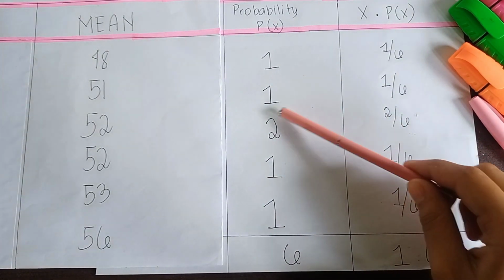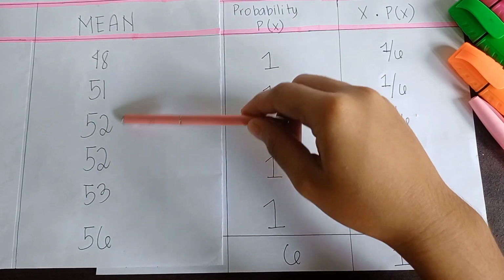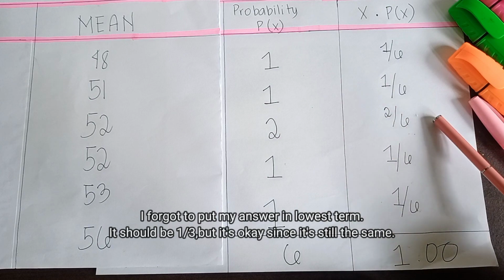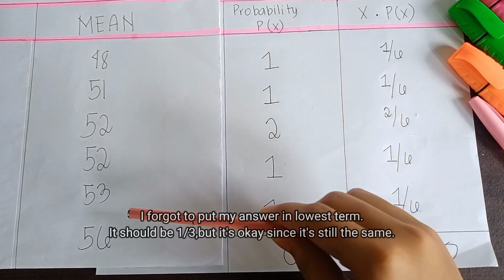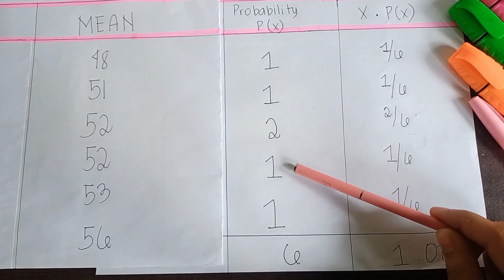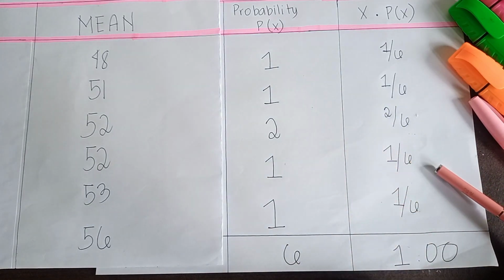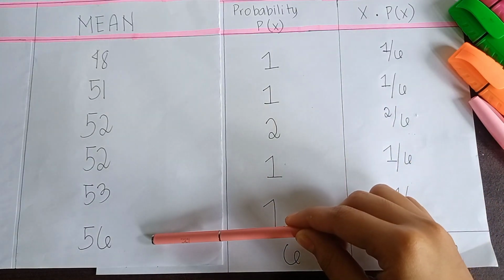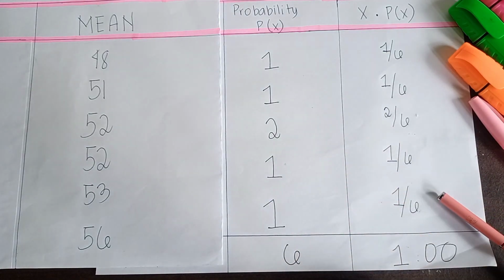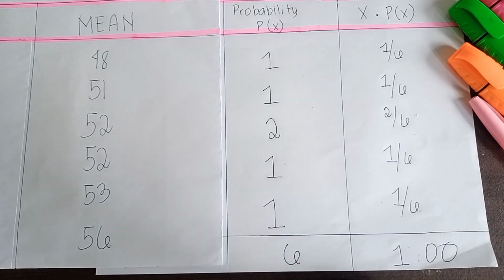We have two 52s in our sample mean, so the frequency is 2 and the probability is 2/6. We have one 53 in our sample mean, so the frequency is 1 and the probability is 1/6. We have one 56 in our sample mean, so the frequency is 1 and the probability is 1/6.